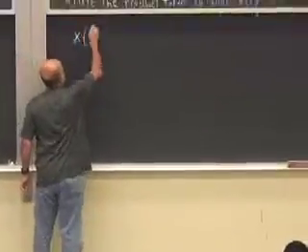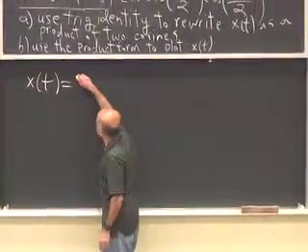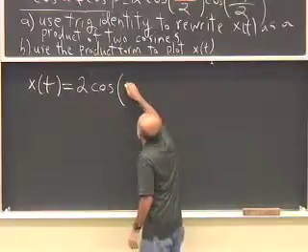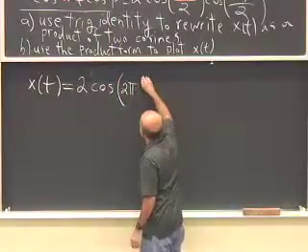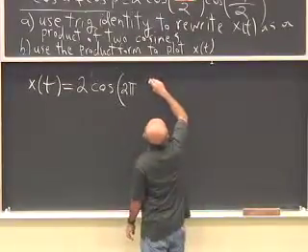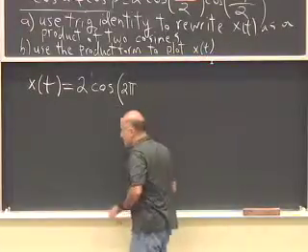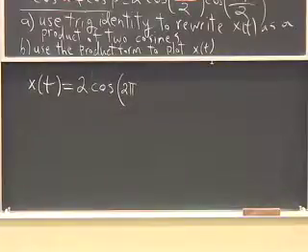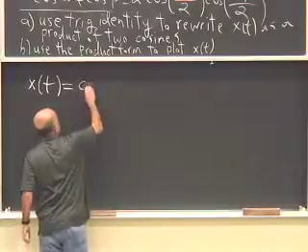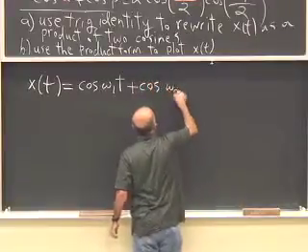So x of t using the identity is? Yeah, break it up for us. So you've got to add. So here we have cosine omega 1t plus cosine omega 2t.